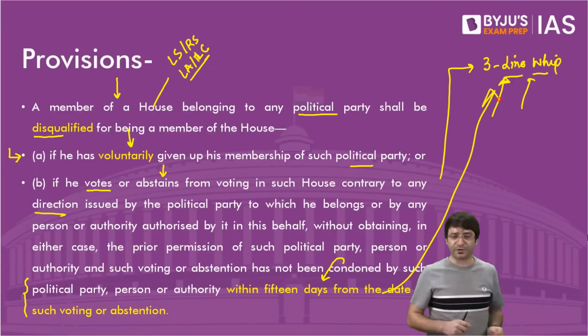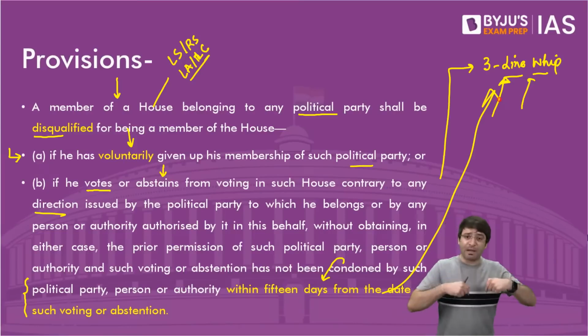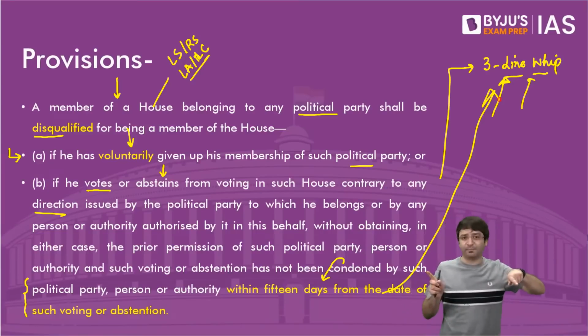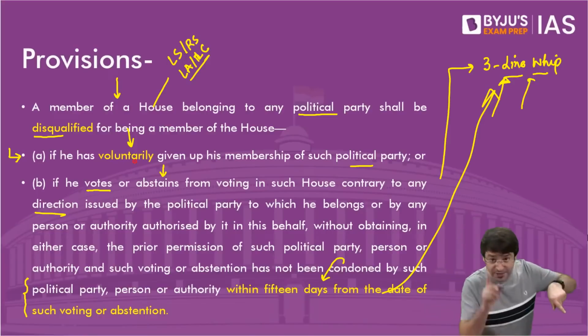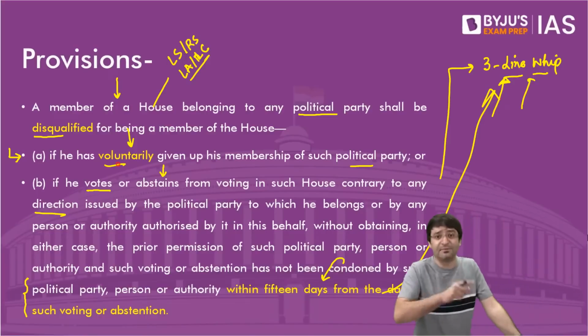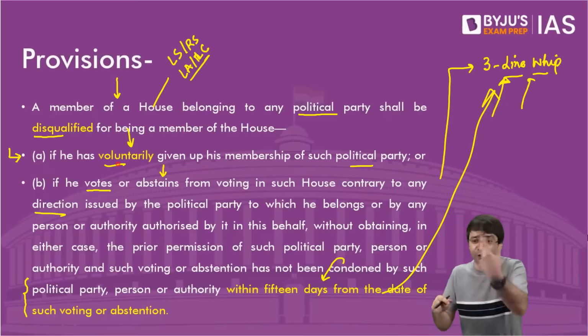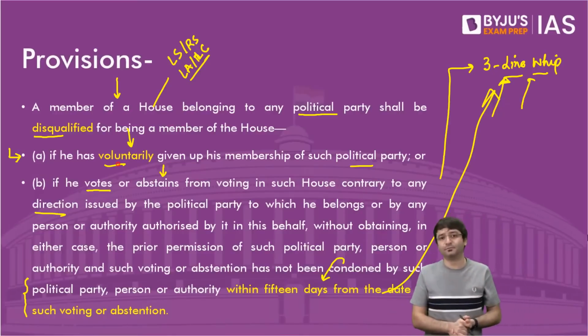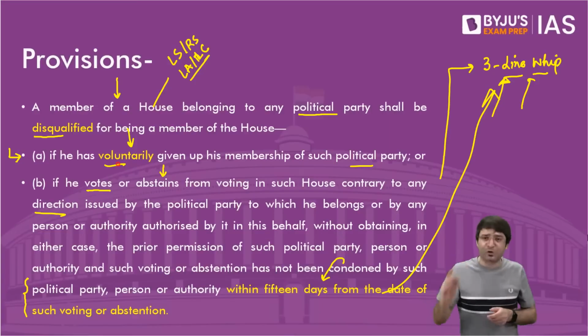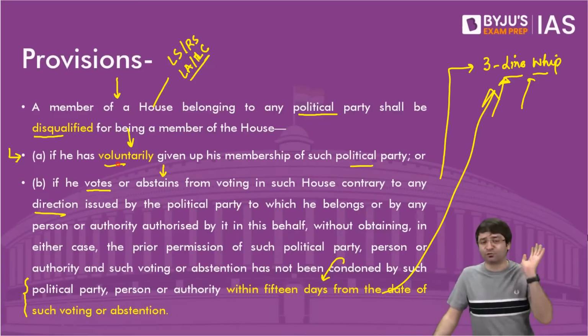That means 2 provisions are applicable to a member of a house belonging to a political party. If you resign from that political party, that too voluntarily, and what is the meaning of that, I will discuss slightly later, you will be disqualified. If you violate the whip issued by the political party, you will be disqualified.